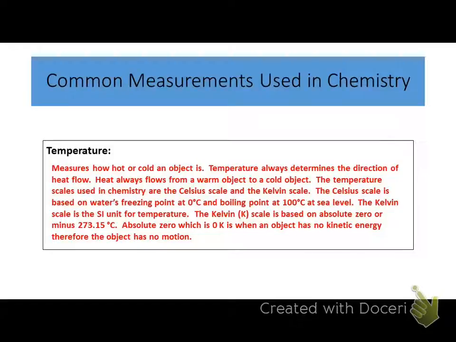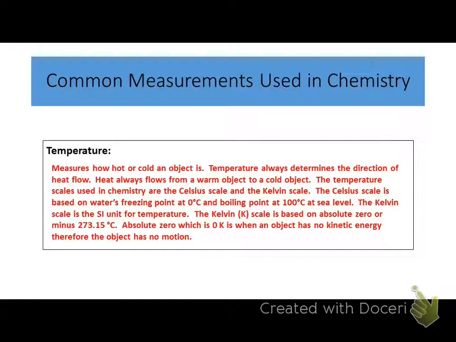So again, Celsius and Kelvin. Now, the Celsius scale is based on water's freezing and boiling points. So when water freezes, we call that point 0, or 0 degrees Celsius. When water boils, we give it a value of 100, and we say that water boils at 100 degrees Celsius. And this all takes place at sea level.